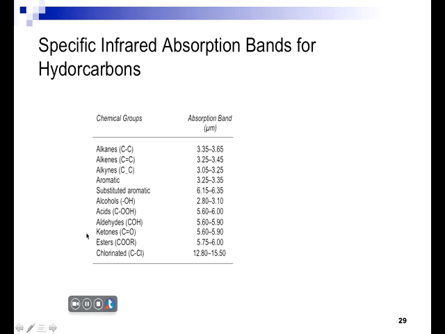And for organic chemistry, you can use this as a very good identification with an infrared spectrum for seeing where absorption bands are. And if you have an absorption band at 5.6 to 5.9, that's indicative of a ketone. If you see one at 3.25 to 3.45, you've got an alkene present.